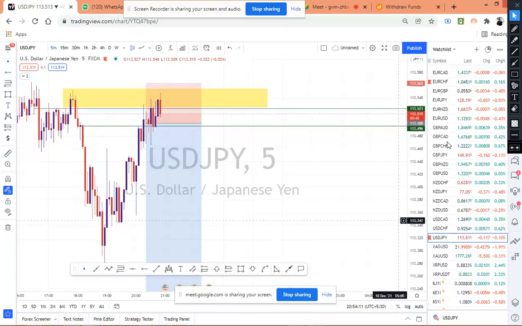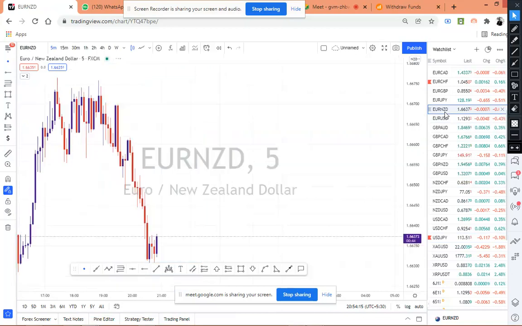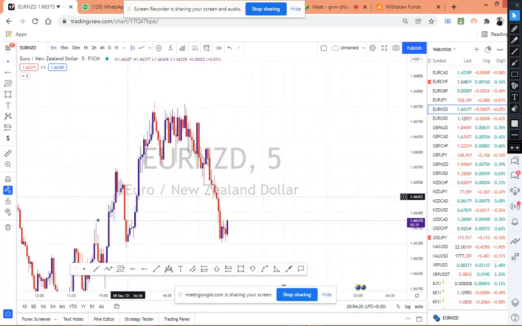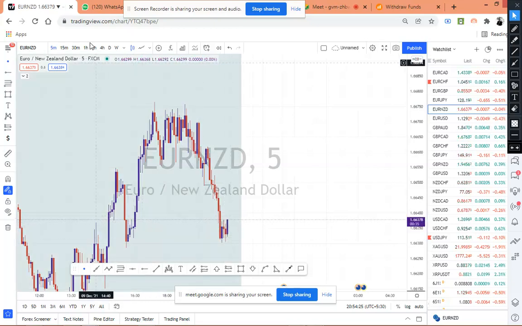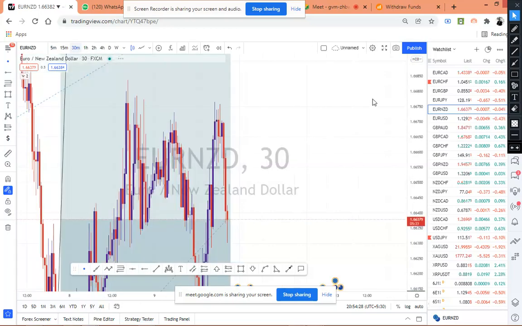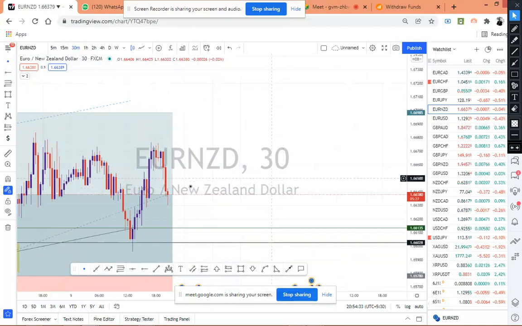So let's see Euro NZD. Like I said, if there's any chance the buyers will go more up, okay, if there's none, then we stop. I can see that the buyers are trying to enter the market. I'm still holding this trade because we can also see rejection from this demand zone.